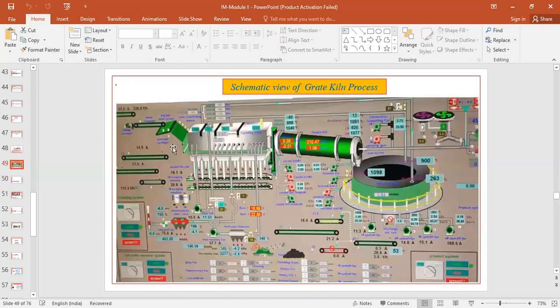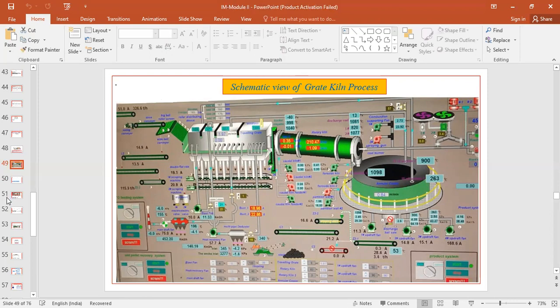So in this particular picture, you can see from the bottom we are giving the heat, and from the top we are doing the suction. Actually this pipe goes from the back side and enters from the bottom. And you can see from the top we are doing the suction.